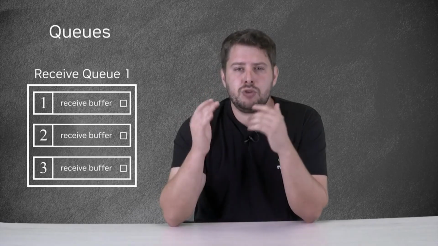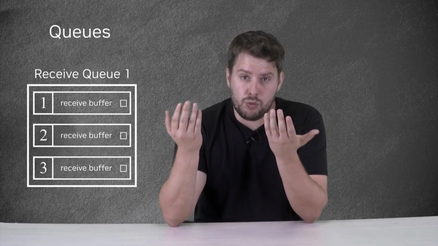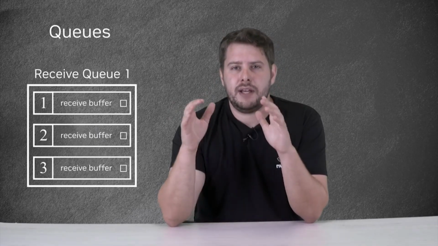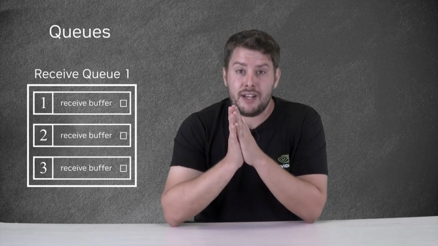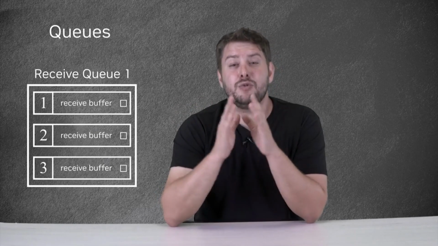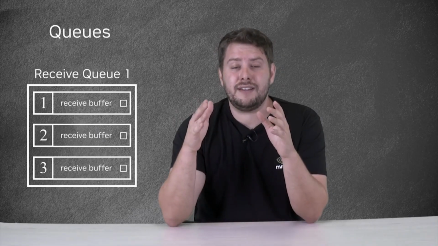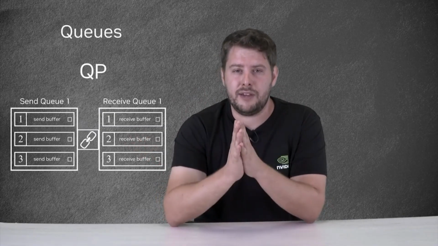It would post buffers to the receive queue via the receive work request, and every time data arrives, it will be written into one of those buffers in the order that they were posted to the receive queue. Okay, so similar to sockets, we have queue pairs, which is a receive queue and a send queue bound together.